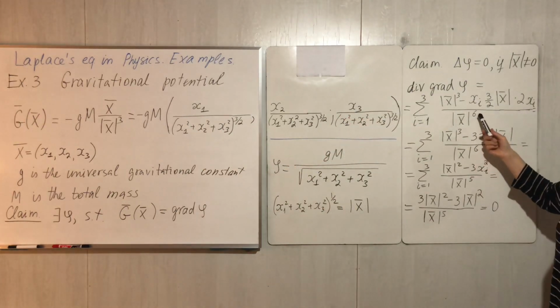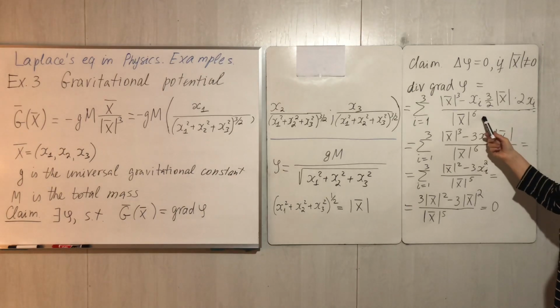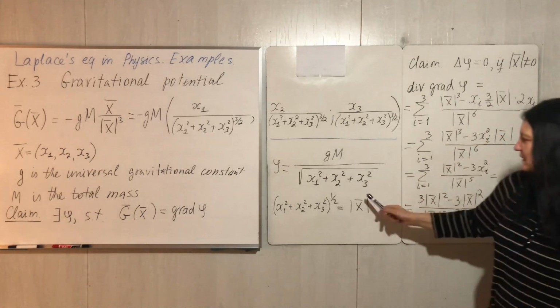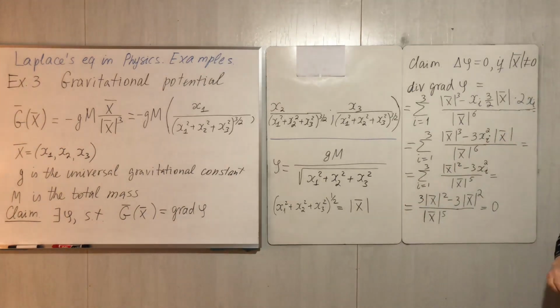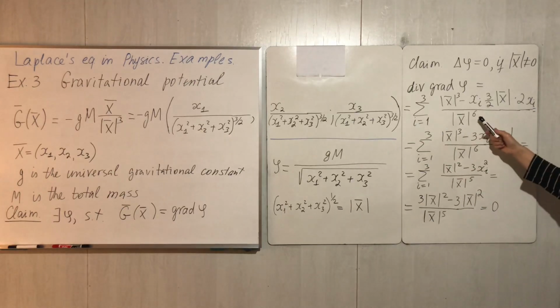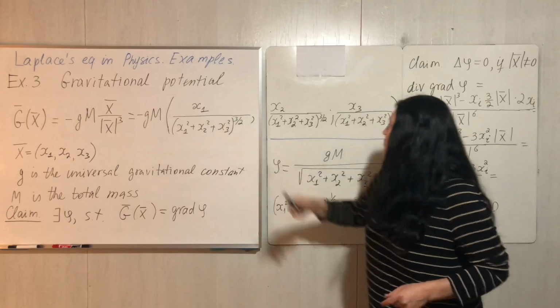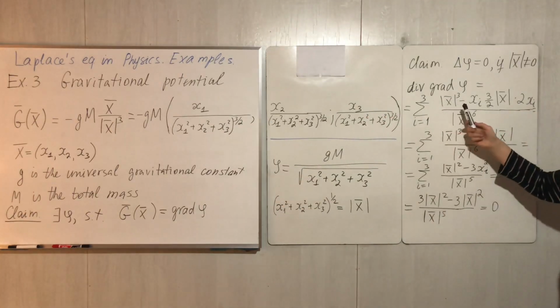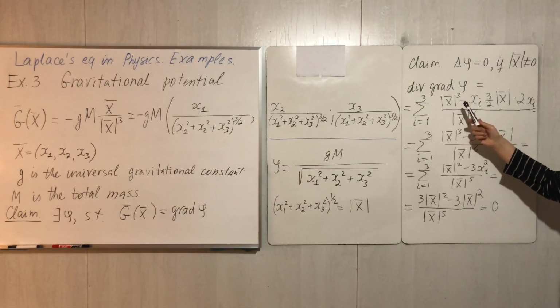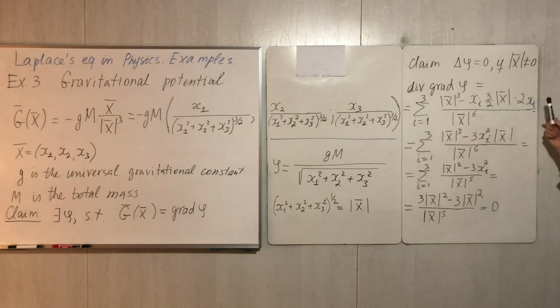I put here 6 because I rewrote it in terms of the magnitude, right? So this expression would be just squared to the power 3, and then we just use the quotient rule.